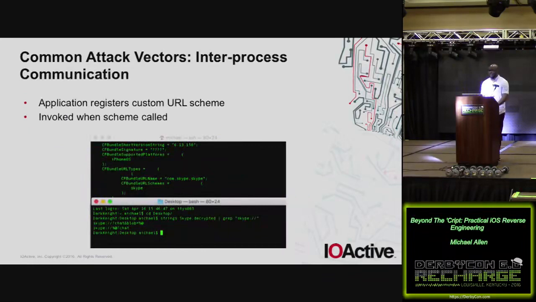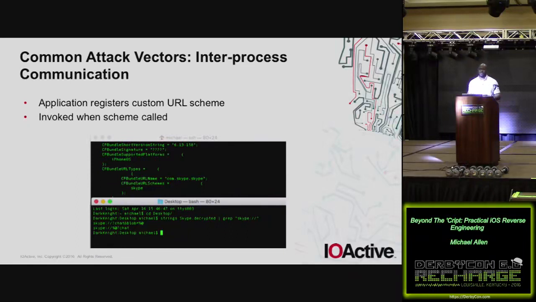IPC, inter-process communication. The application registers a custom URL scheme, and then the application is invoked when the URL scheme gets called. Usually you would dump the application binary and run strings on it, or you could create a plist and then grep for a particular string, right? This was abused back in the day.